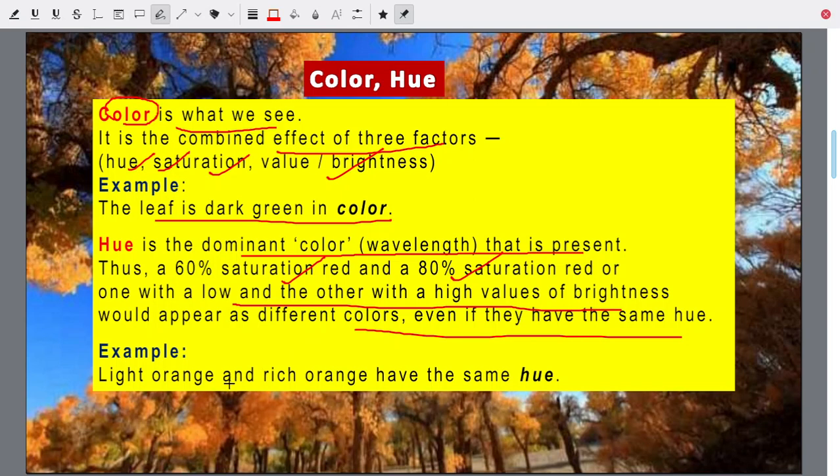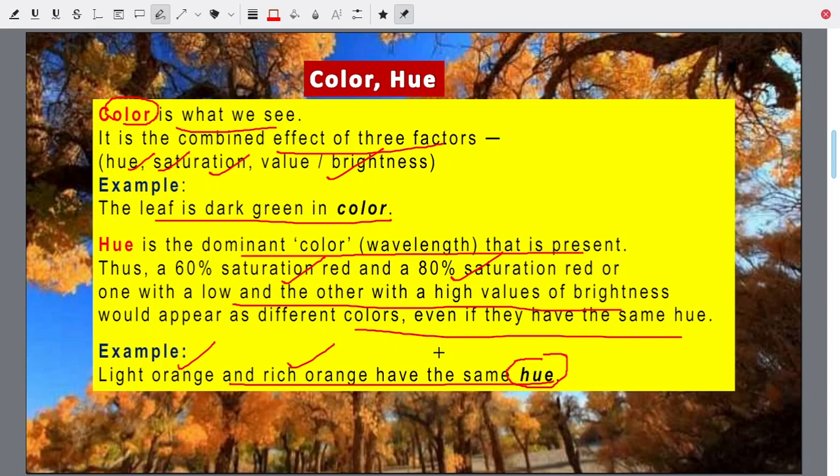So light orange and rich orange have the same hue, but they are different colors. There's light orange, rich orange. They have the same hue, but they have different color because they have different appearance. Light orange and rich orange or bright orange color, they are different colors but having the same hue.